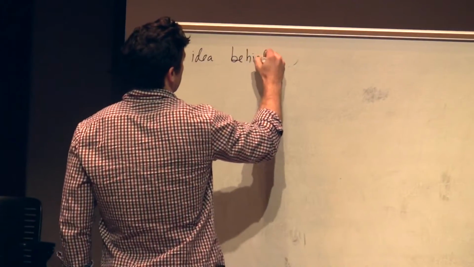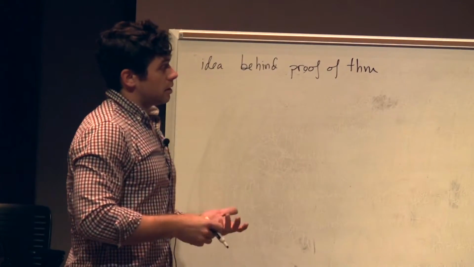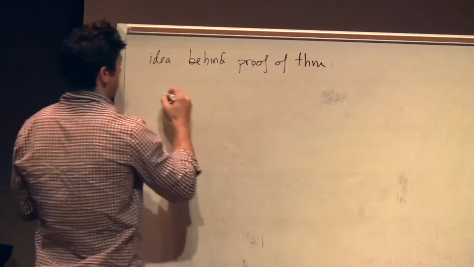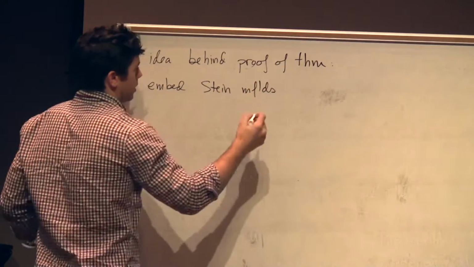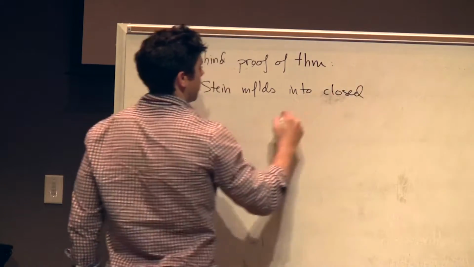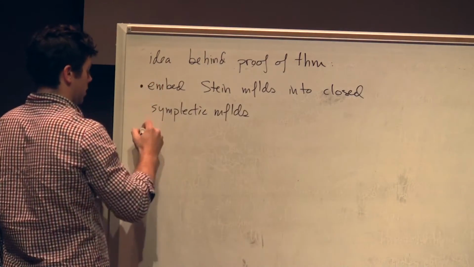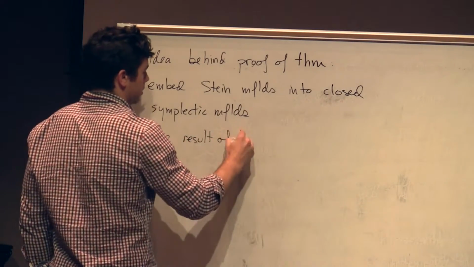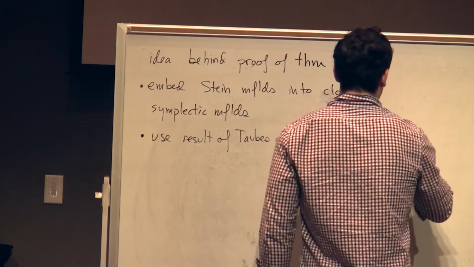So the idea behind the proof of the theorem is roughly the same as the idea that Olga took advantage of in the Heegaard Floer setting, which is to embed your Stein manifolds into closed symplectic manifolds, and then use a result of Taubes on the Seiberg-Witten invariants of closed symplectic manifolds.